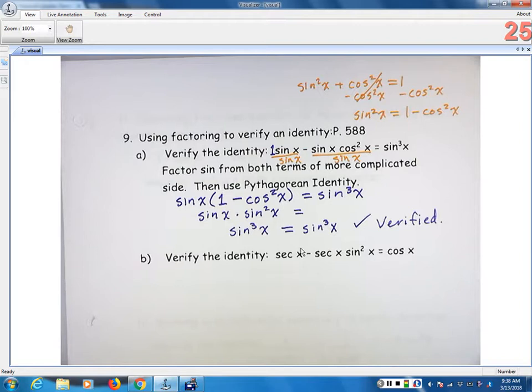Okay, so it does require you to remember your algebra here. All right, the next one is B. Okay, see if you can do 9B. It's very similar.